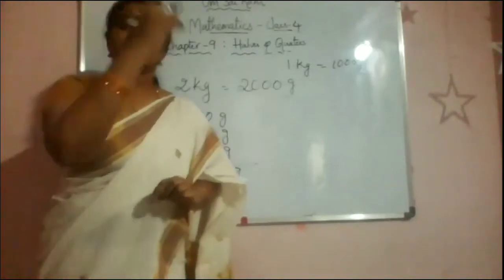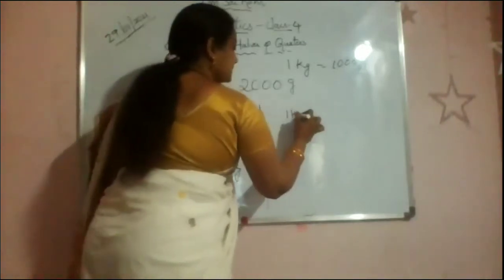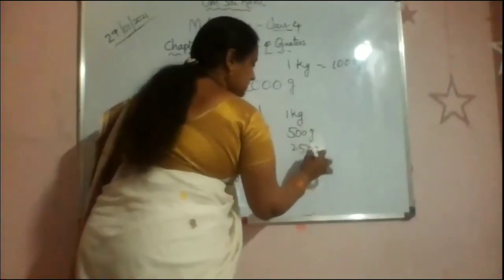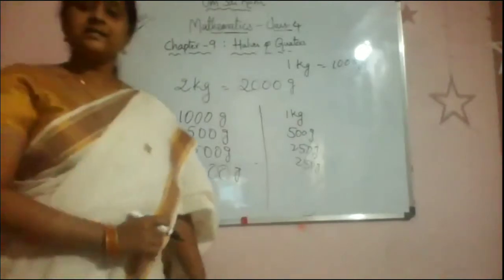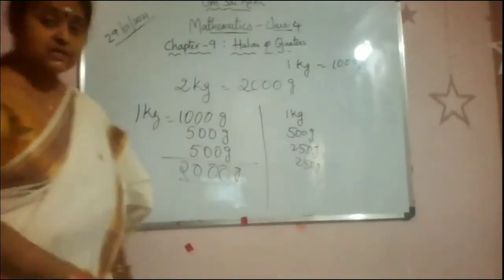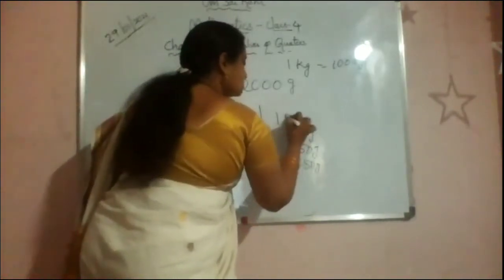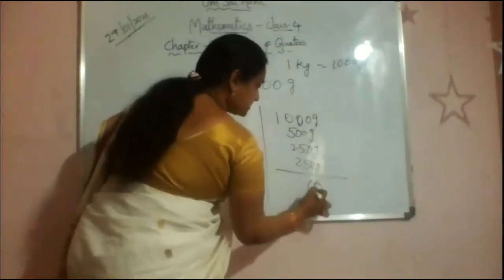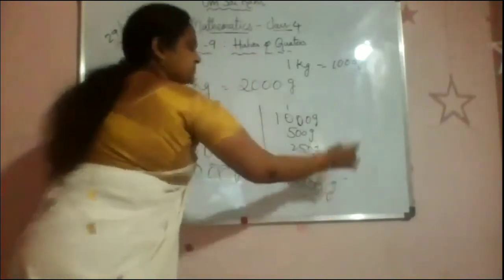Now another girl, Vaishnavi, wants to say she wants to pick 1 kg, 500 grams, 250 grams, 250 grams. Is it correct, ma? Yes, ma'am. Yes, this is also correct. Why? Because 1 kg means 1000 grams, so while adding all these, we will again get 2000 grams.